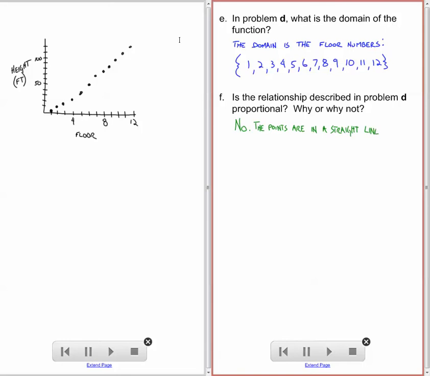But if we drew a line through them, that line would not go through the origin. In other words, we've got some ratios here that do not equal each other.